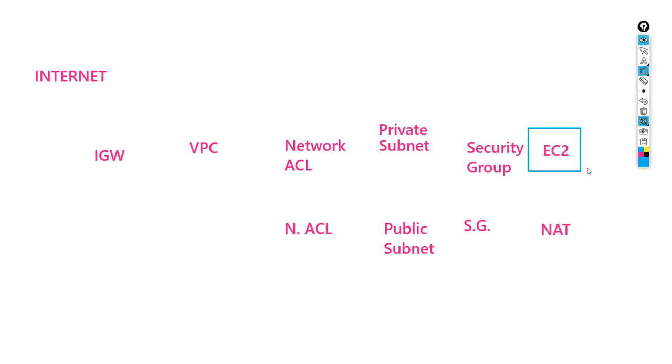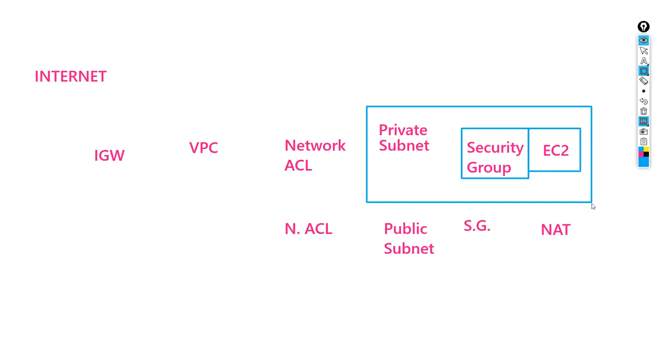Our EC2 instance exists. And as traffic enters or leaves the EC2 instance, it has to go through the security group. The EC2 instance is created within a private subnet. It's called a private subnet because it doesn't have a direct connection to the internet. The network ACL is attached to the private subnet and evaluates all traffic as it goes through.